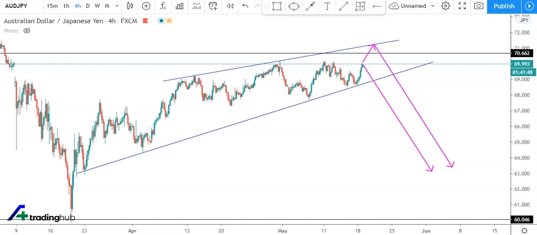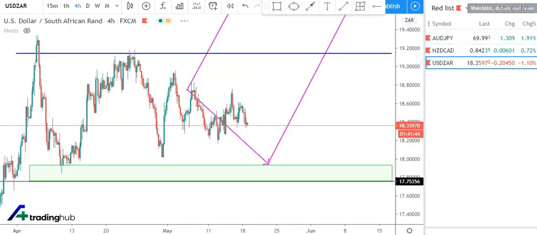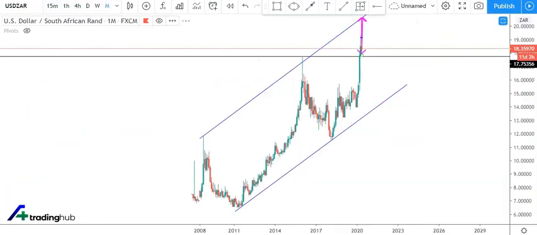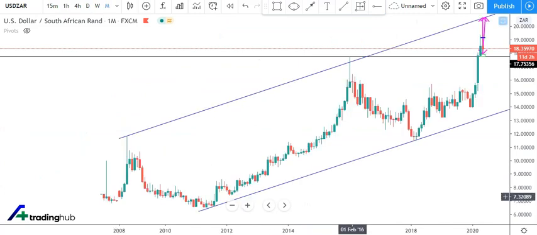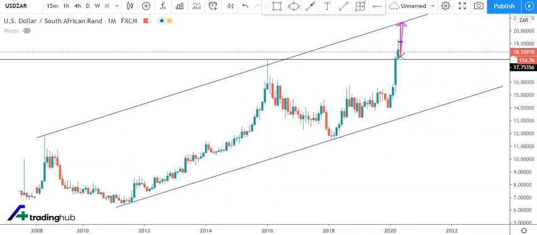Let's go to the chart of the day, USD South African rand, and we start from the monthly time frame. Looking at this chart, you can see I've plotted out the trend and the key turning point already. It's very clear and obvious that we have a series of higher lows here. See price moving in a straight uptrend.